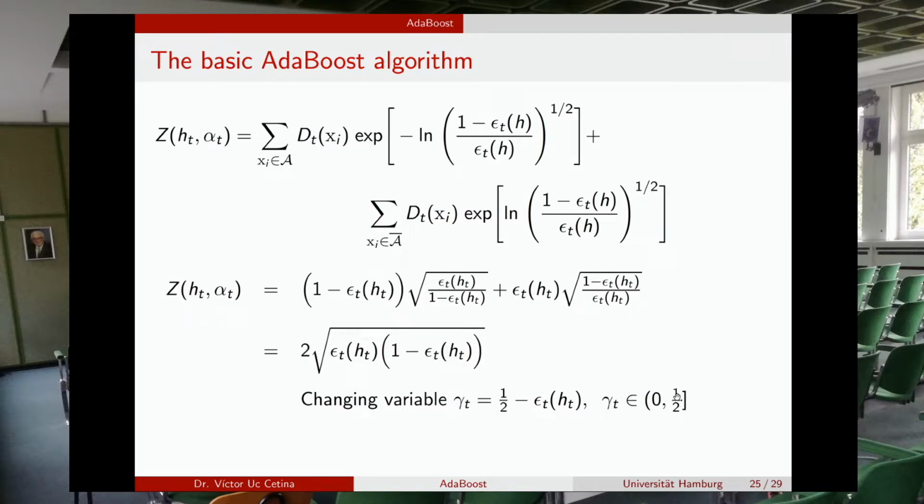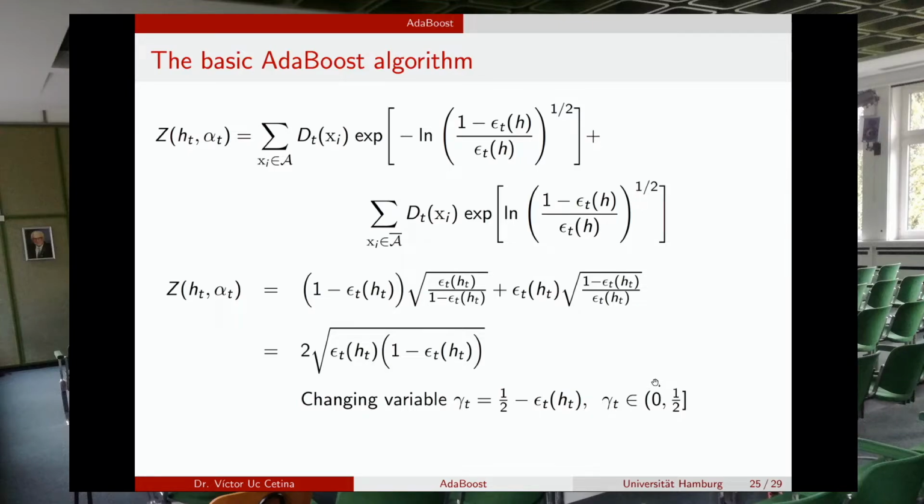And if this epsilon is 1/2, remember that our weak classifier should have an error at least smaller than 0.5, but in the extreme case, suppose that it's 0.5, this is going to be 0.5 minus 0.5, which is 0.